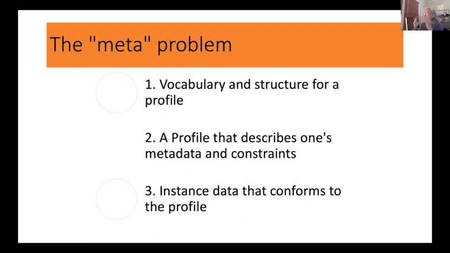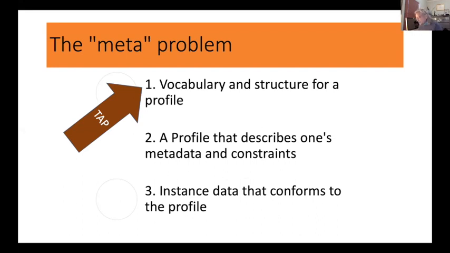The next is a profile that describes your metadata and its constraints. And then beyond that, there is the instance data that conforms to the profile that you've created. So the TAP is this: it is just the vocabulary and structure for a profile.